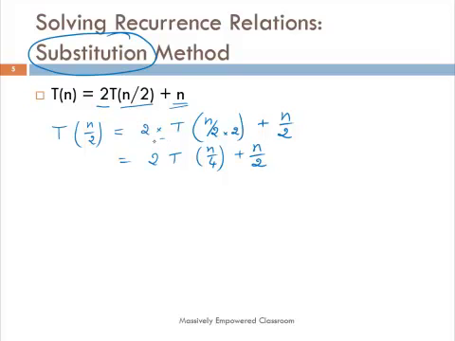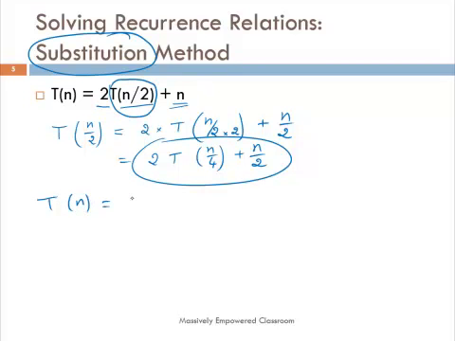So let's take this, right, and substitute it in place of t of n by 2 there. What do we get? T of n is equal to 2 times 2t n by 4 plus n by 2 plus n.